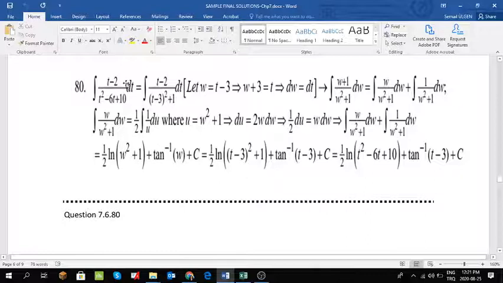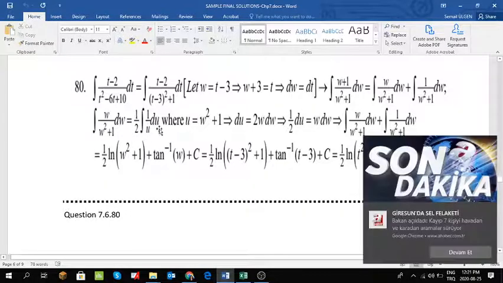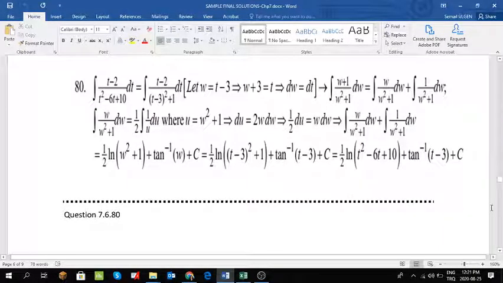We started in t, and we converted to w, and then we converted to u, so that we have the simplest form of it. The antiderivative of that is going to be ln u, right? If you integrate that, you get ln u, then you can put back w squared plus 1.